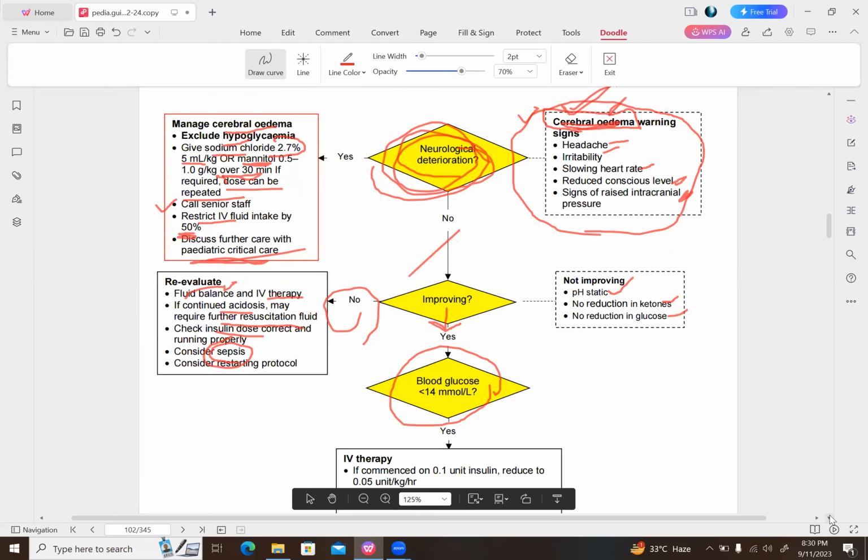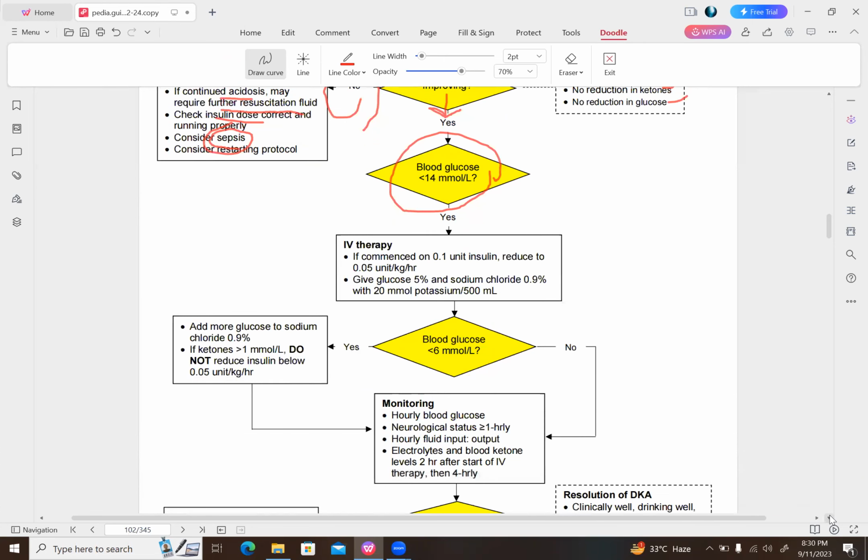Suppose it is improved. Now what you do, you check for the glucose, and it is less than 14. Okay, remember this value, less than 14. If it is less than 14, then you have to commence the IV therapy. Later on, you switch this IV therapy to subcutaneous therapy. So you have to remember this value, less than 14.